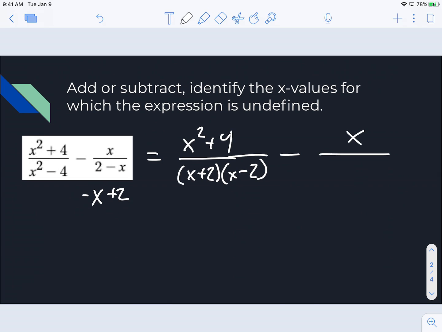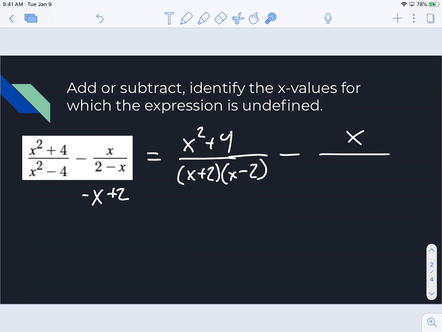Now that, as it stands, does not match one of these factors. So one way to approach this problem would be, since it doesn't appear that there are any matching factors, to multiply the entire thing, x squared minus 4, top and bottom on this side, and then 2 minus x, or negative x plus 2, top and bottom here.